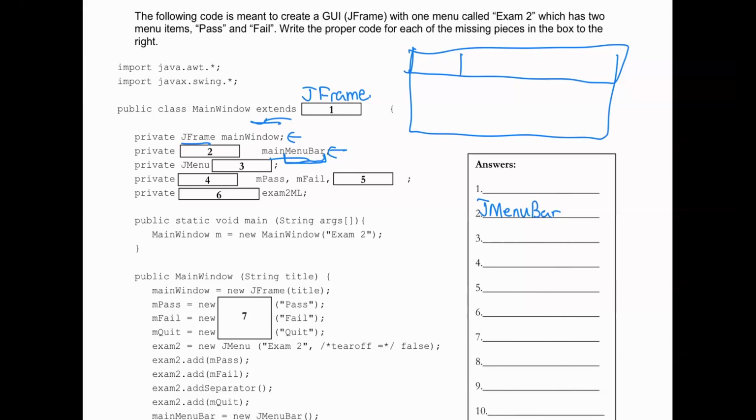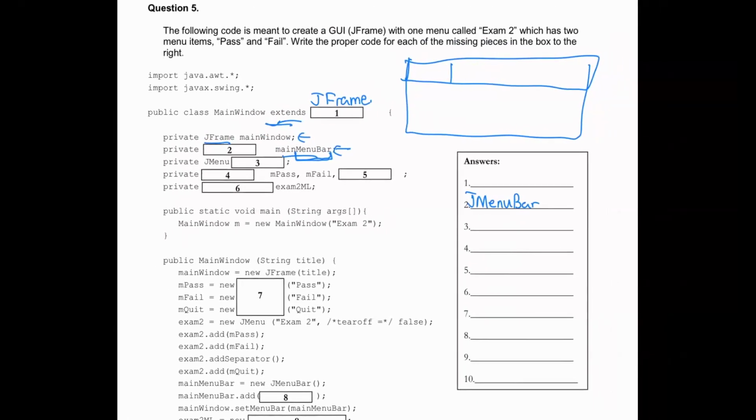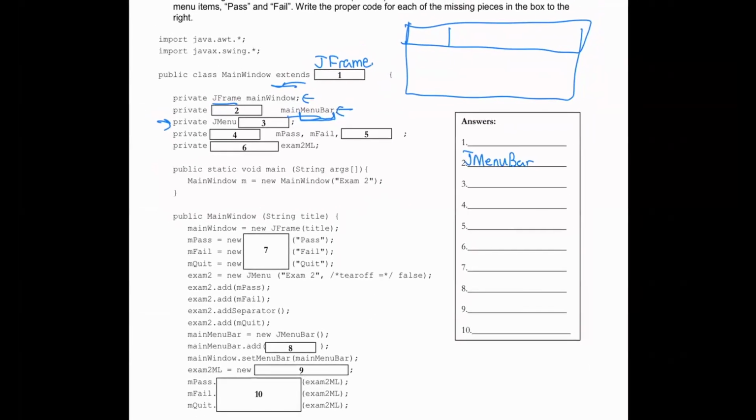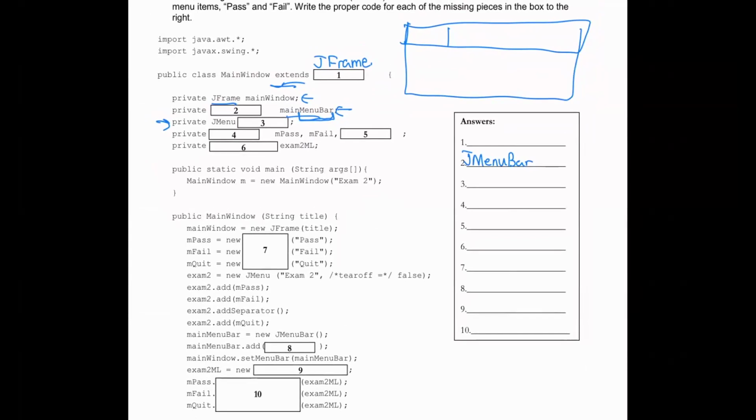Actually, no. Yes. Main menu. It's not main menu. It would be exam 2, I think. Yeah, you mean the number 3? Okay, let's see. So you can find the answer below, right?